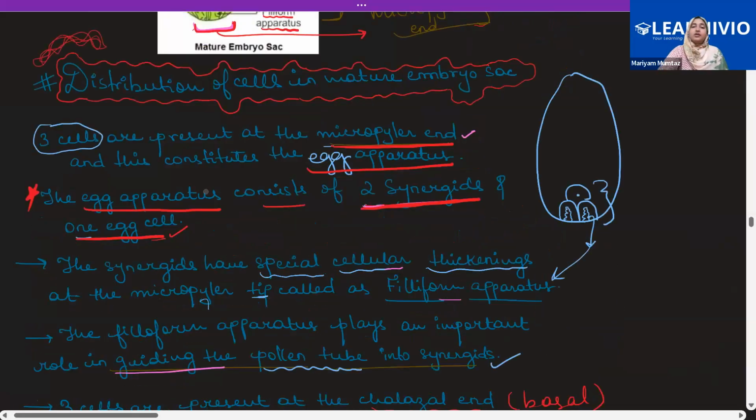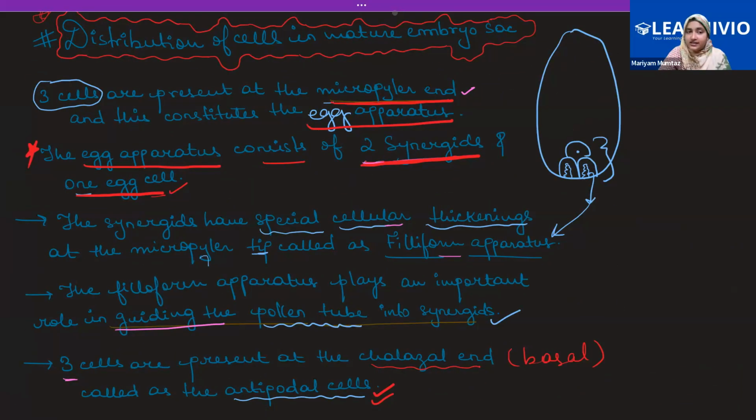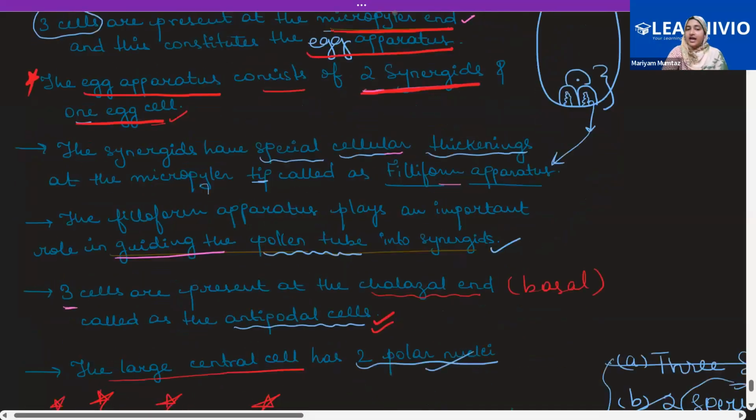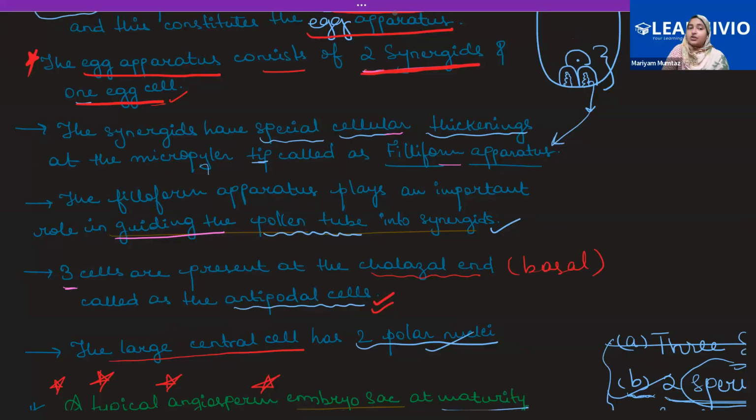For now, just remember that at the end of the micropyle there are three cells present, and they make the egg apparatus, which consists of two synergids and one egg cell. The synergids have special cellular thickenings called the filiform apparatus. It plays a very important role in guiding the pollen tube. We'll be discussing it later.